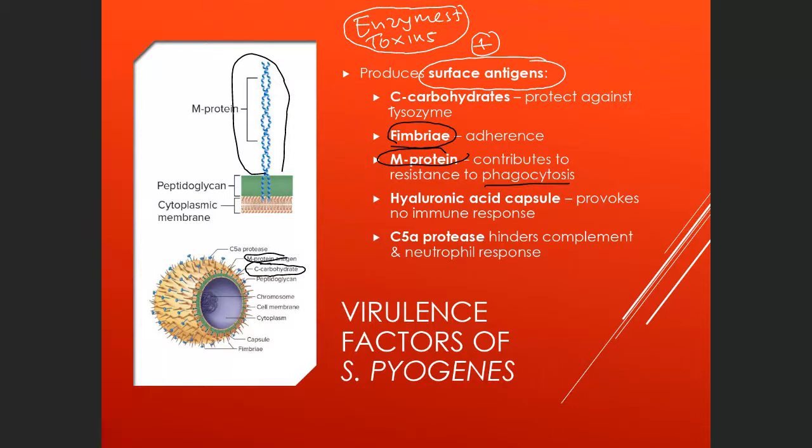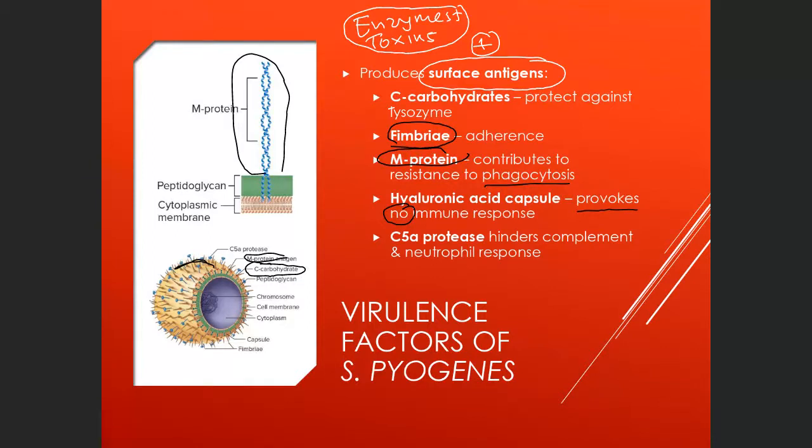And then the hyaluronic acid capsule. So it has a capsule, okay? This capsule also protects them against white blood cell destruction and provokes no immune response. It means this capsule makes them unable to be detected by our immune system.